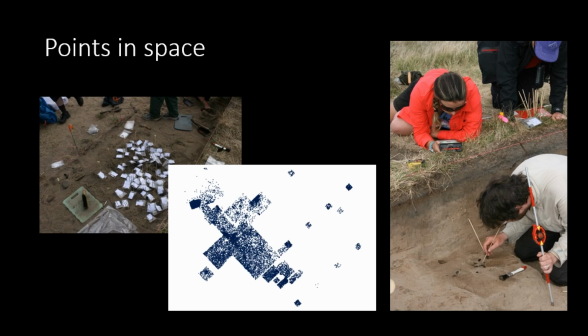I apologize, I did not put a scale on, but we're looking at about 10 meters across here. So very high densities of artifacts. Whereas previously we were looking at objects on deflated surfaces, the excavations have these densities of artifacts that all of a sudden have a spatial depth.